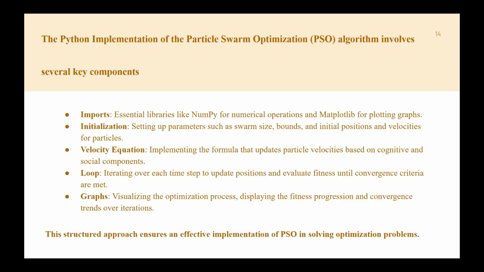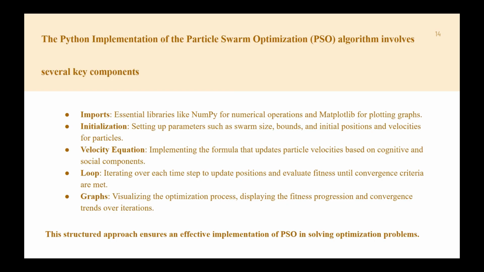Now is the Python implementation of PSO. First we import the libraries such as NumPy for all the numerical operations and Matplotlib for all the graphs which will be plotted. Secondly, we initialize all the parameters such as swarm size, bounds, initial positions, velocities, etc. Then we implement the velocity equation, the formula we used before for updating particle velocities based on cognitive and social components.